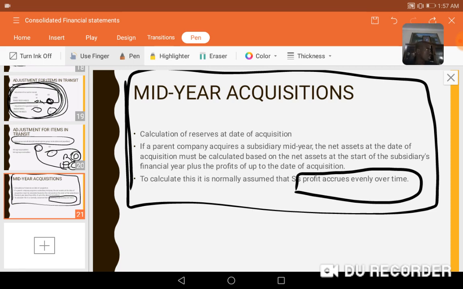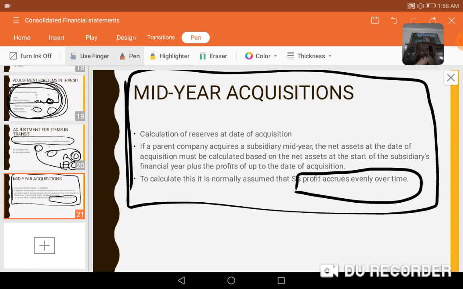In short, if the subsidiary made a profit of 12,000, we will assume that 12,000 divided by 12 months means per month they were making 1,000. And if we acquired them in the 9th month, it means that we are entitled to the profit of the 10th, 11th, and 12th months.